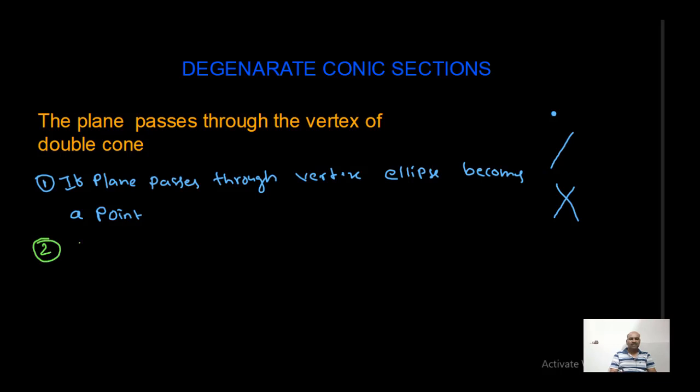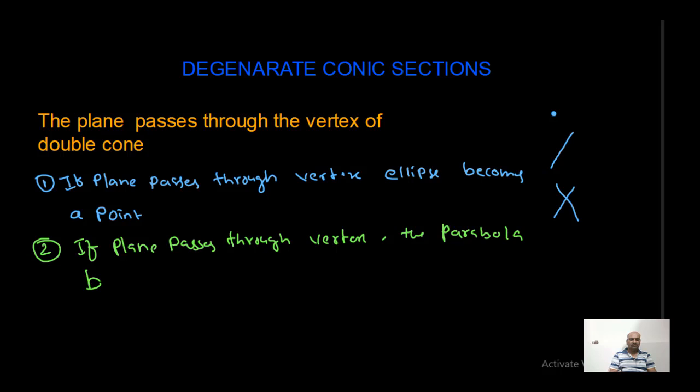Second one, if the plane passes through the vertex, the parabola becomes a line, or a straight line.